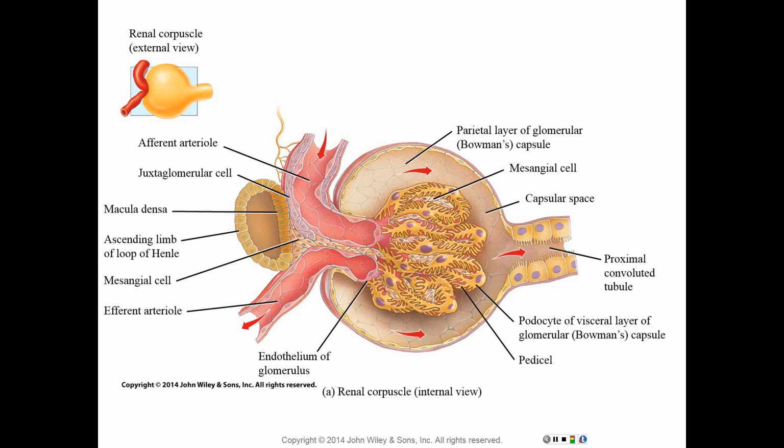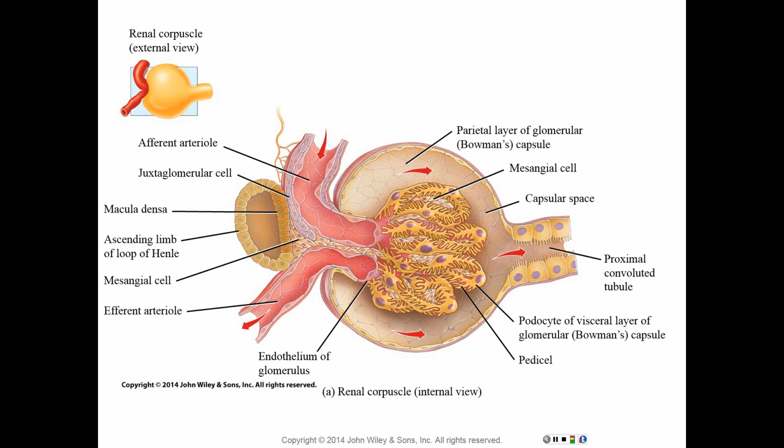When these macula densa cells sense that too much sodium, chloride, and water have moved through, they trigger the juxtaglomerular cells. Notice they touch each other right here. It sends a signal to the juxtaglomerular cells to reduce the production of nitric oxide.